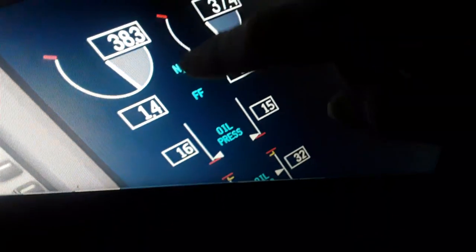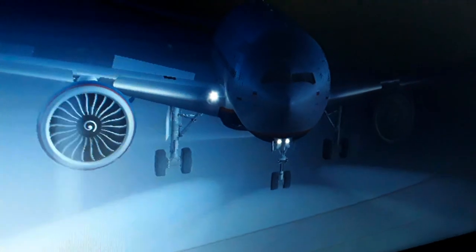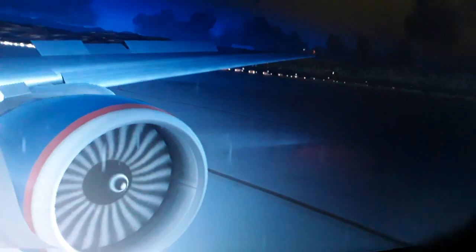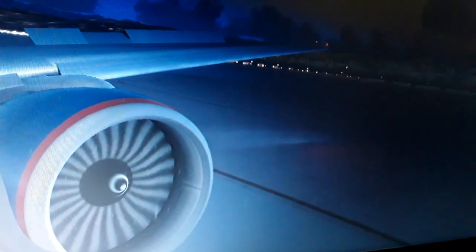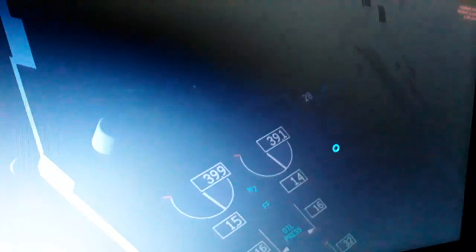Here we go, we have the fuel flow, and here's the left and the right engine totally working now. So we only need to complete one last step here before taking off. So we have about 8,000 rotations per minute.